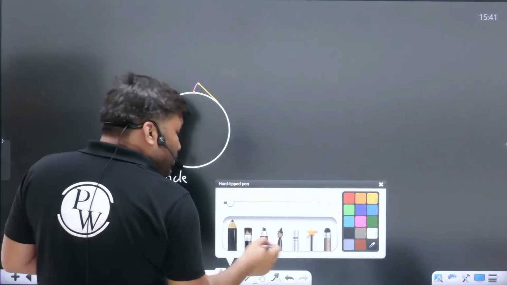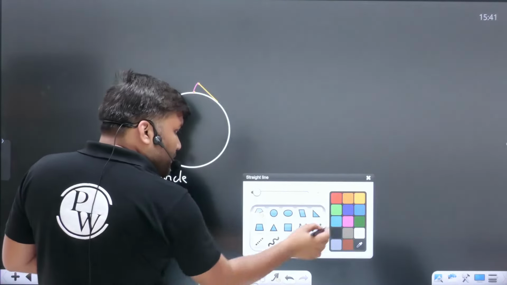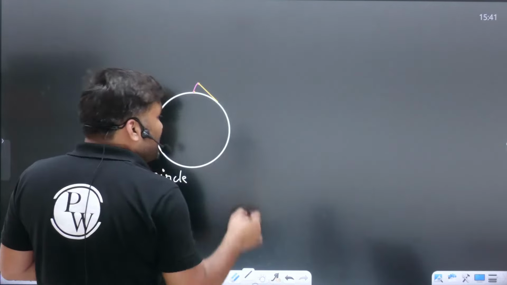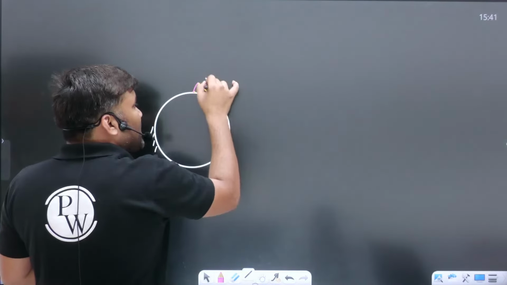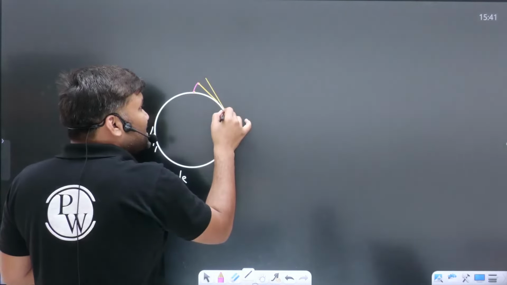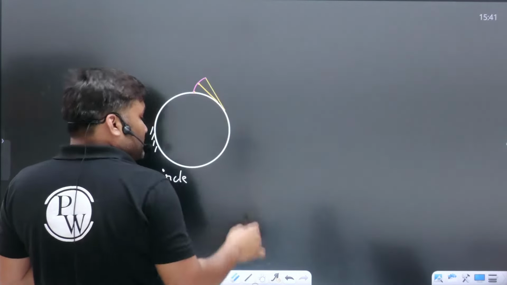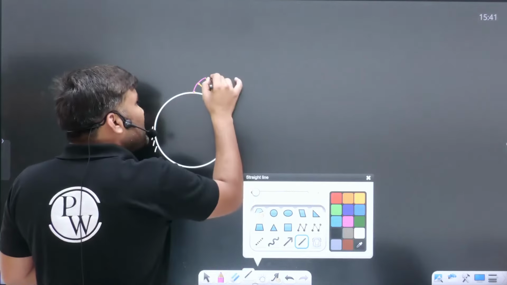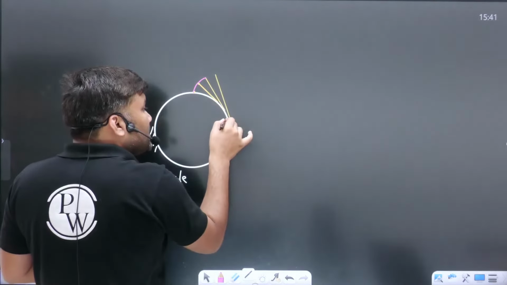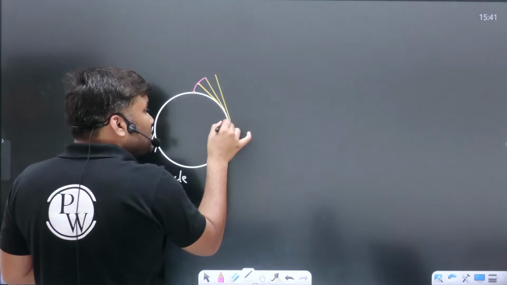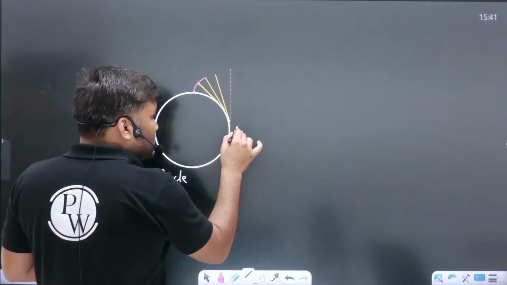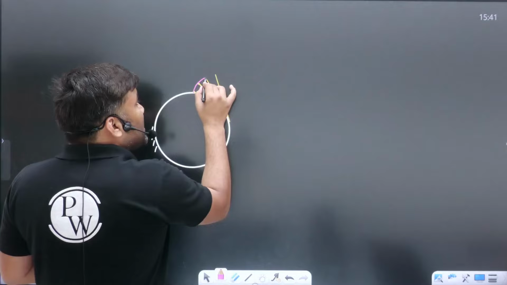Open it a little bit more. Next moment this point has moved, and now the thread looks something like this; this point has traveled here. Next moment, open it a little bit more, the thread is tangential somewhere here, and this point has moved somewhere here.